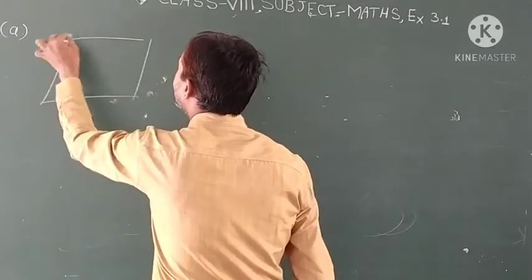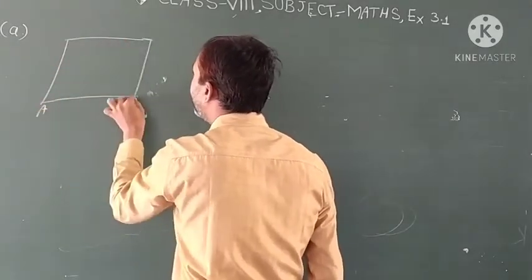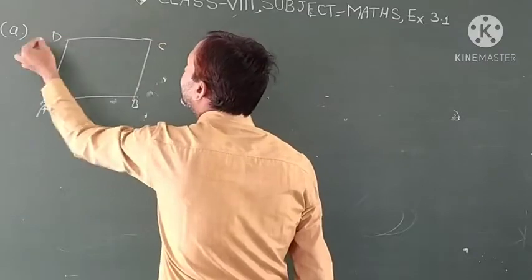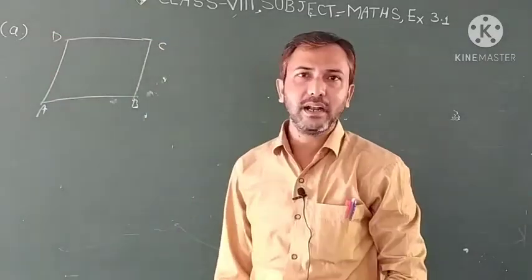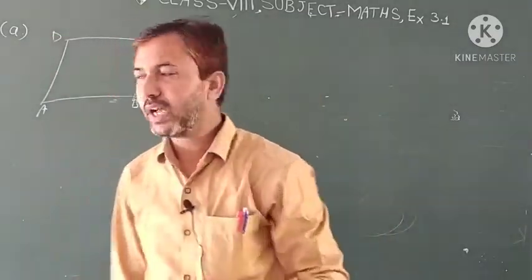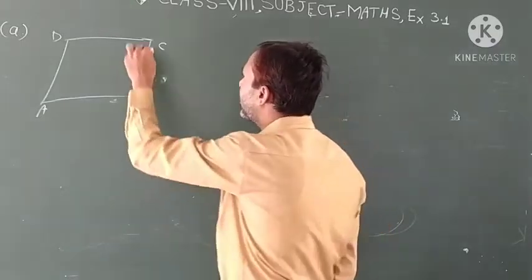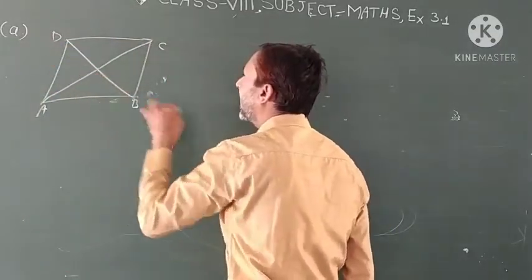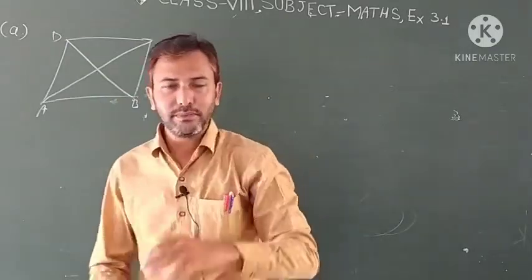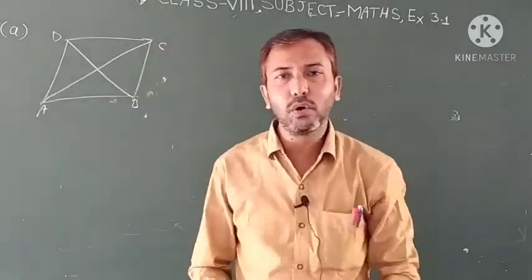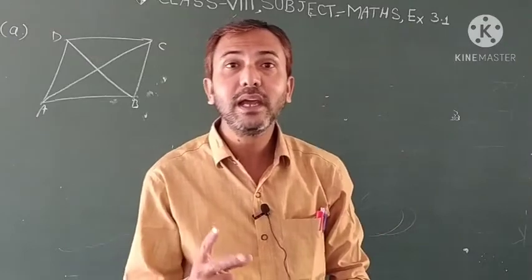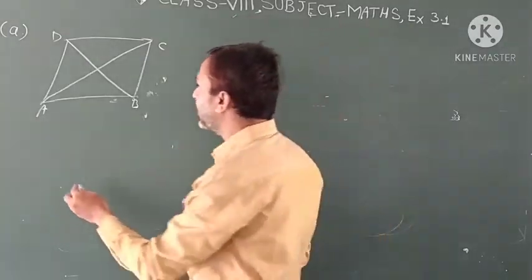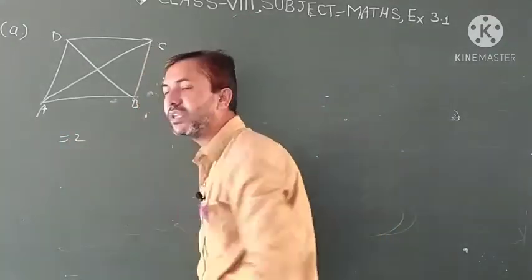A quadrilateral is a figure which is made by 4 sides. Now I am going to draw the diagonals in it. So it is diagonal number 1 and it is diagonal number 2. If I draw the quadrilateral, I can draw only 2 diagonals. So the answer is, the number of diagonals is 2.